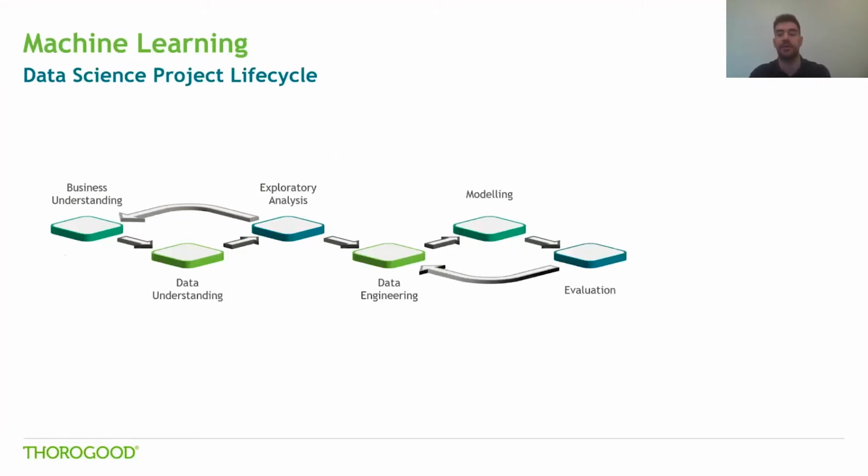We may better understand, as we start to see algorithm performance, the type and format of data that is best going to support these analyses. So we need to change up our data engineering steps a little bit to match that. But eventually, hopefully, we'll come to a model that's of use to the business.